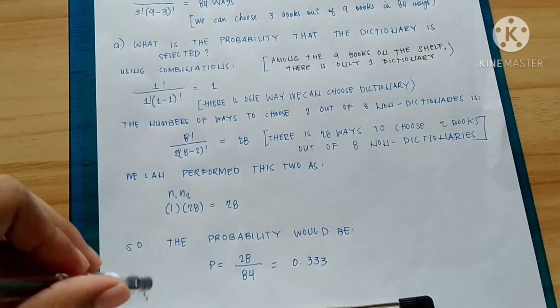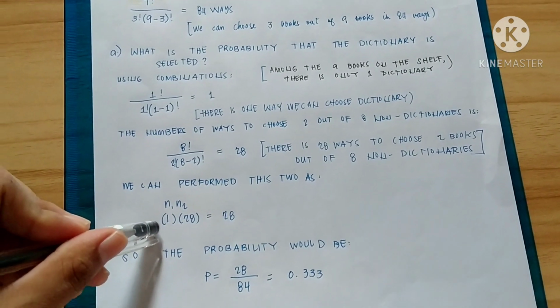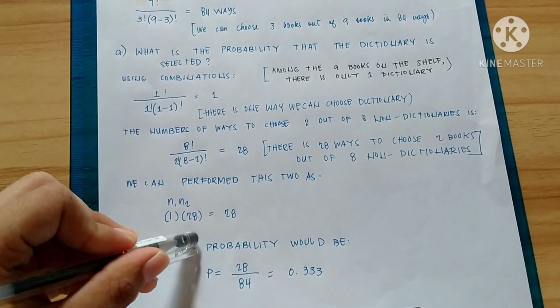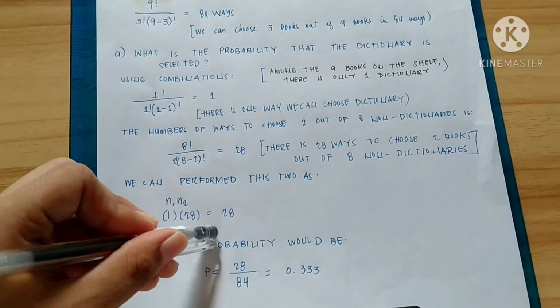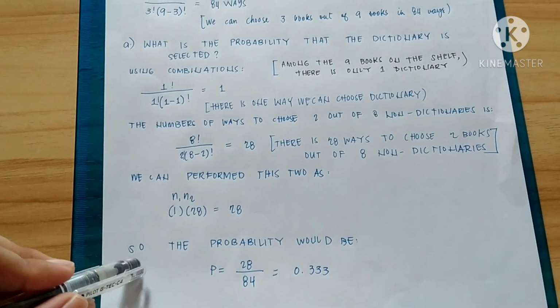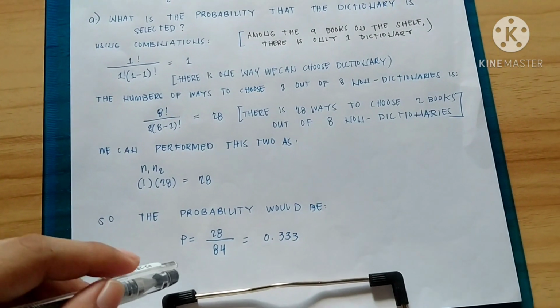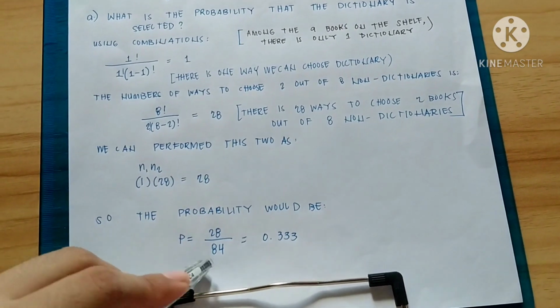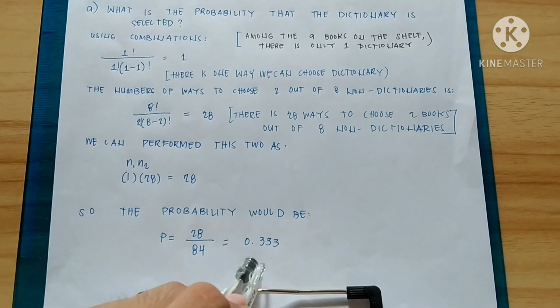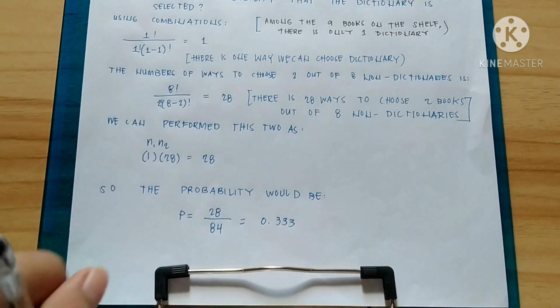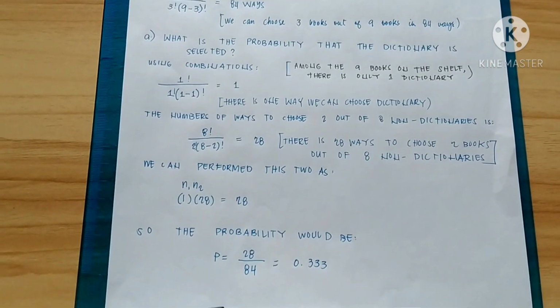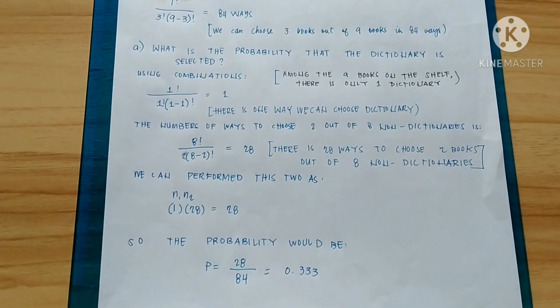So substituting it to the formula, we have 1 multiplied by 28, we get 28. So the probability would be equal to 28 all over 84, and that would result to 0.333. So that's the probability in selecting the dictionary.